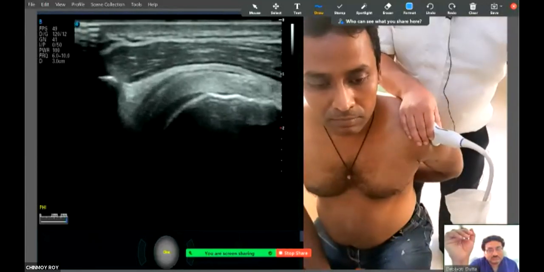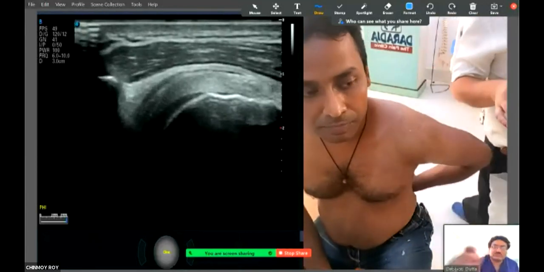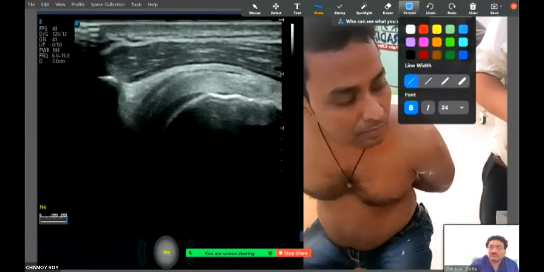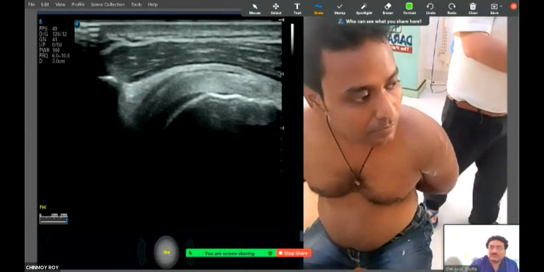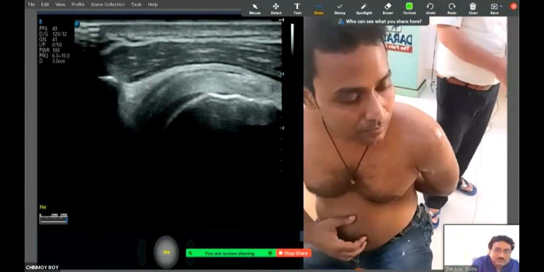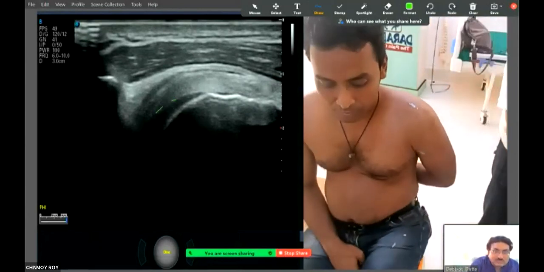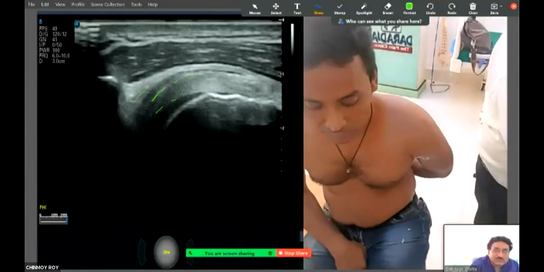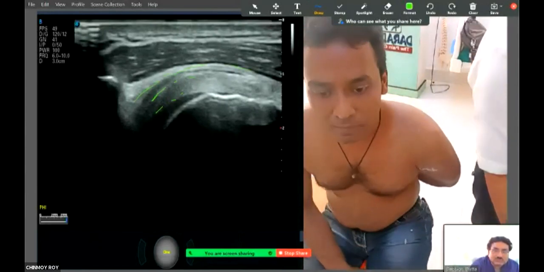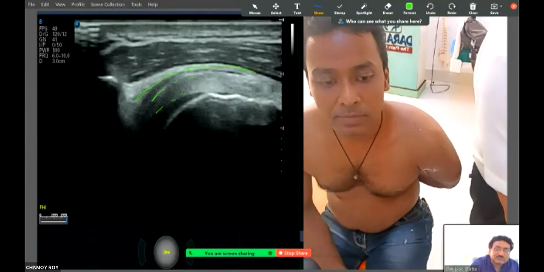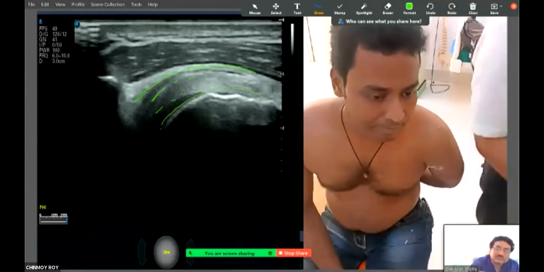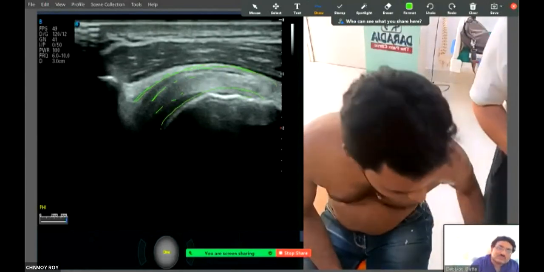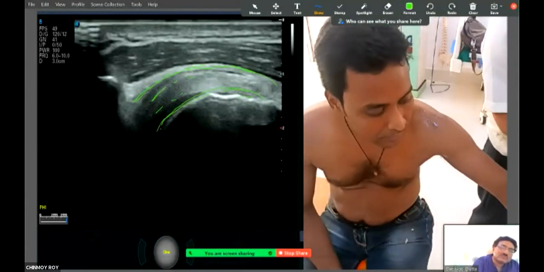Okay, first I show you the musculotendinous junction of the supraspinatus. On the left side under the acromion, a small part of the acromion you can see. Under the acromion, the musculotendinous part of the supraspinatus can be seen.